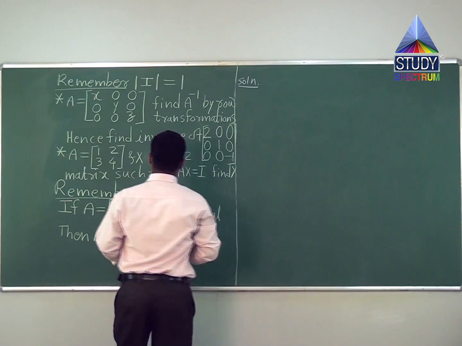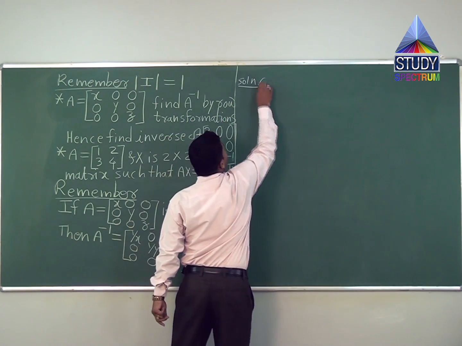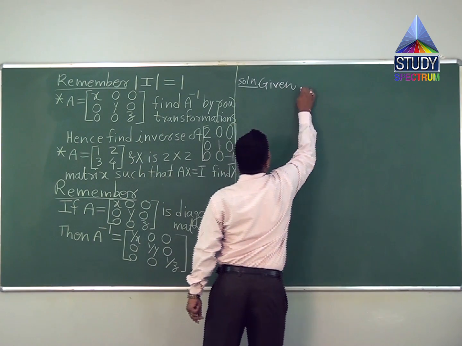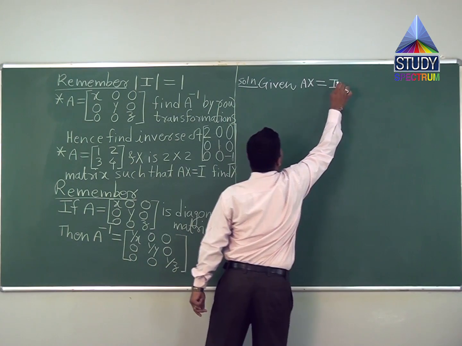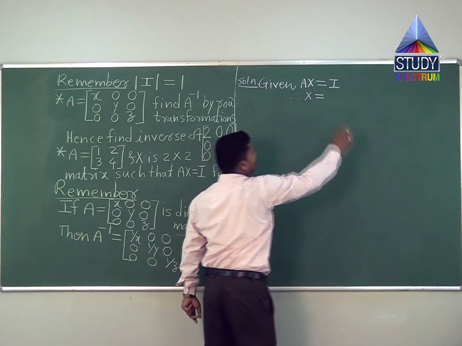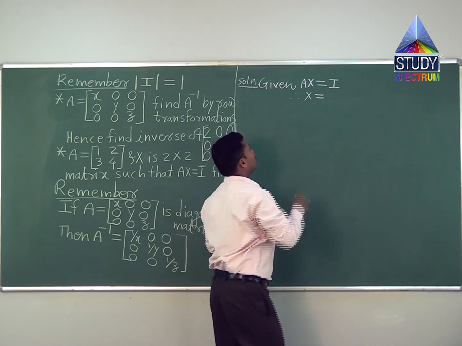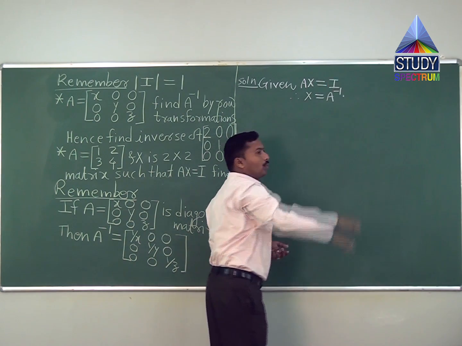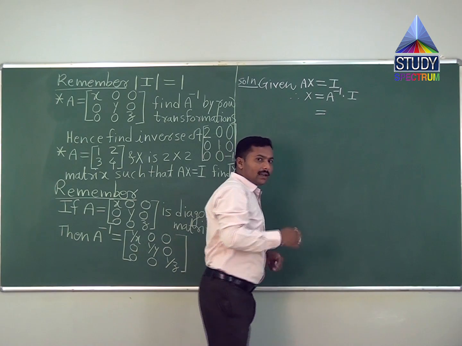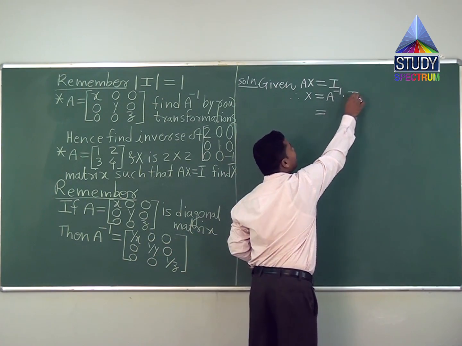We start with the given condition: A into X equal to I. Therefore X equals, this A goes to the right hand side and becomes A inverse, into this identity matrix I. But we consider this identity matrix I as 1; identity or unit means 1.